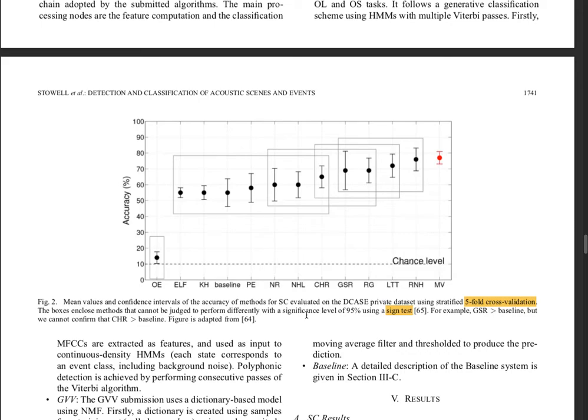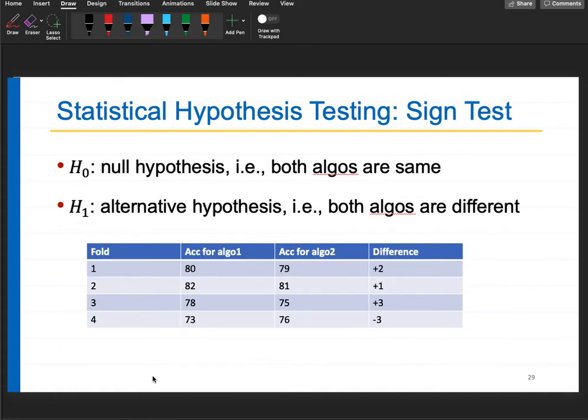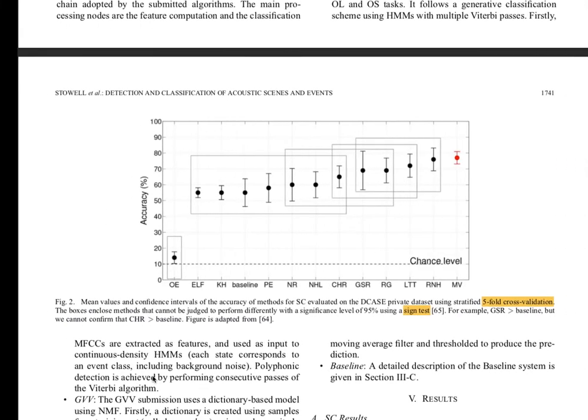So the significance level of 95%, which means 0.05, in other words, the significance level, right? So let us see what is sign test. Okay, so what is the sign test? My null hypothesis is that, okay, let me first go through this.